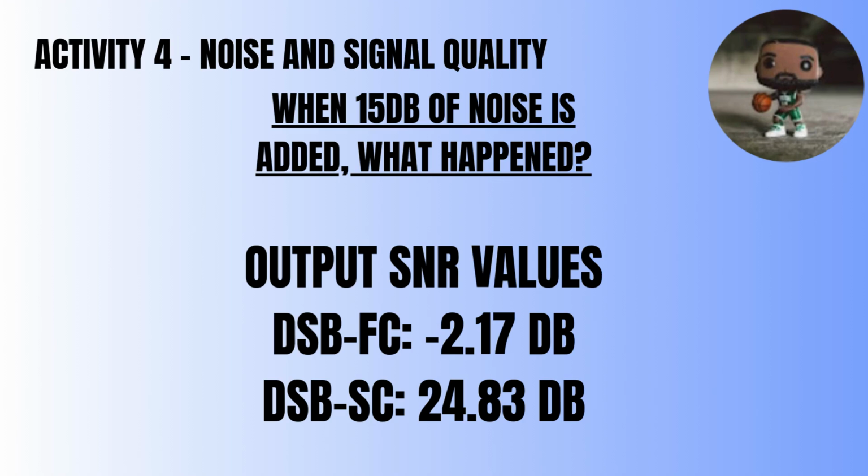As you can see clearly from the slide above, DSB-FC got negative 2.17 dB, while DSB-SC got 24.83 dB. So the results show that DSB-SC achieved a much higher output SNR compared to DSB-FC, indicating better resistance to noise.